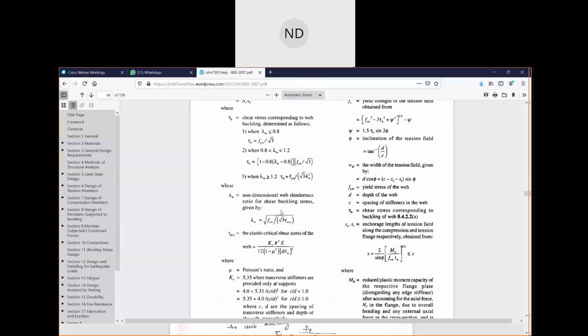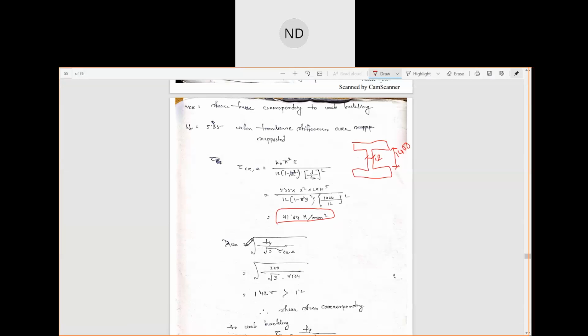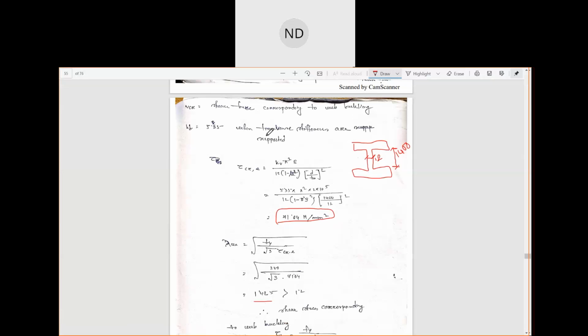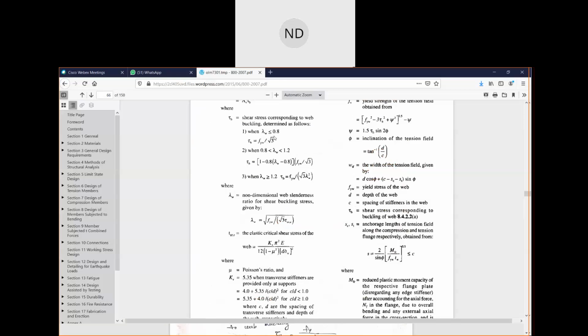Now we have to check where this λw lies, such that we can find the τb value. λw is not less than 0.8, and it is also not between 0.8 and 1.2, but our λw is greater than 1.2, right? So the third condition is following, which is τb equal to fy by root 3 λw².